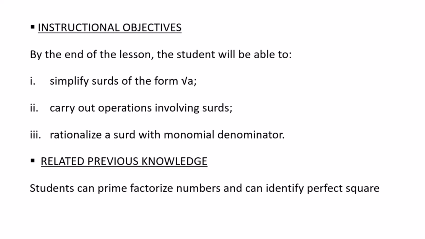You need to indicate related previous knowledge. So in this case, their previous knowledge should be prime factorized numbers and can identify perfect squares. So you can say students can identify prime factorized numbers and can identify perfect squares. So these are some of the prerequisites for surds.